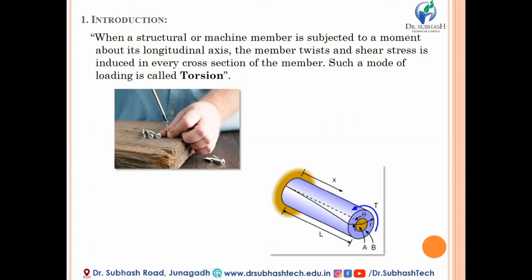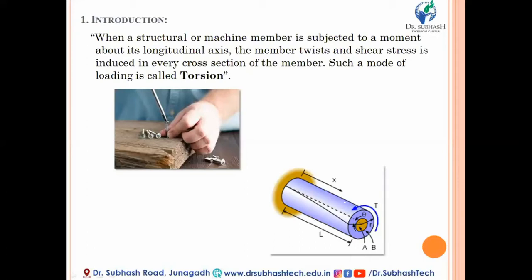So the definition of torsion, look at the screen. When a structure or machine member is subjected to a moment about its longitudinal axis, the member twists and shear stress is induced in every cross section of the member. If you are finding such a mode of loading, it will be known as torsion.